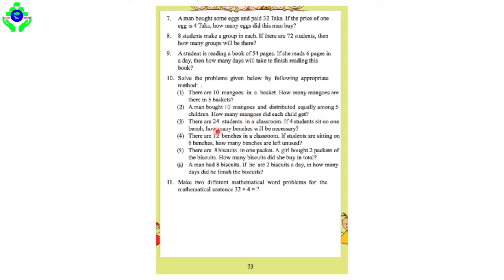So the total number of mangoes will decrease. And as you know, whenever the total number will decrease, at that particular moment you should apply the concept of division, or divide them into parts.